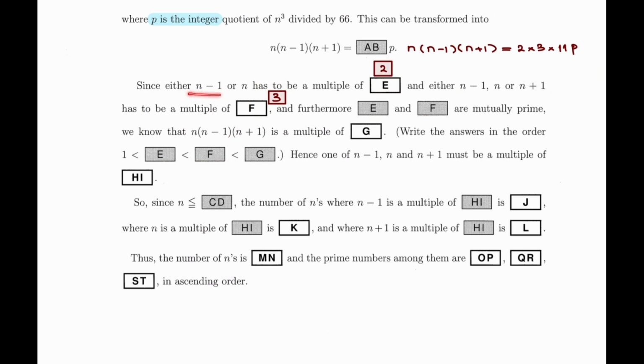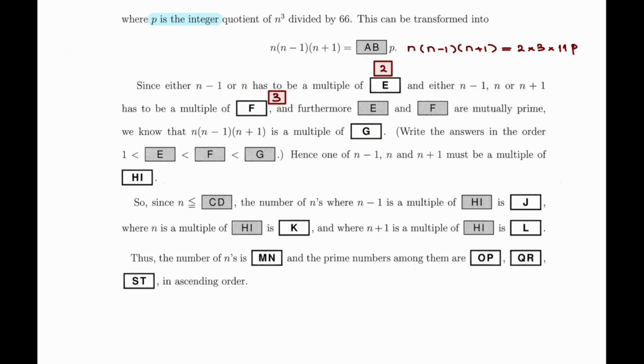Since either n minus 1 or n has to be a multiple of 2, and either n minus 1, n or n plus 1 has to be a multiple of 3, that means n times n minus 1 times n plus 1 is a multiple of, of course, 6. Because one of these two expressions has to be a multiple of 2, and one of these 3 terms has to be a multiple of 3.